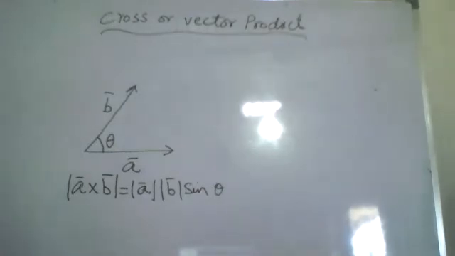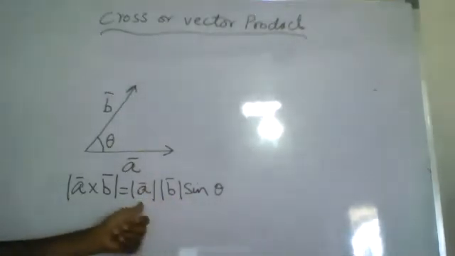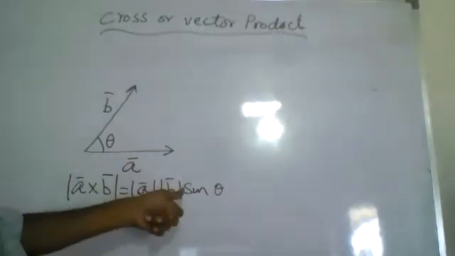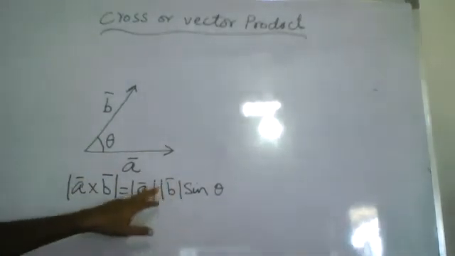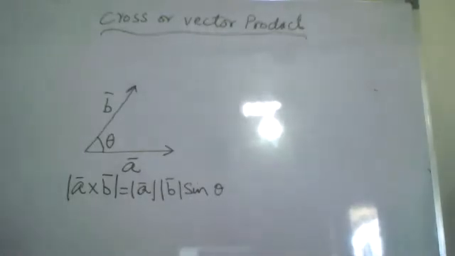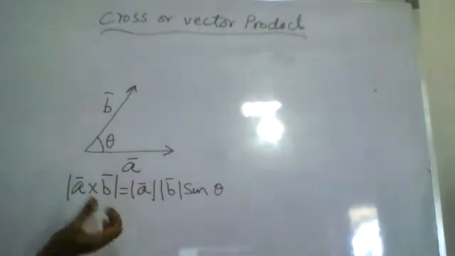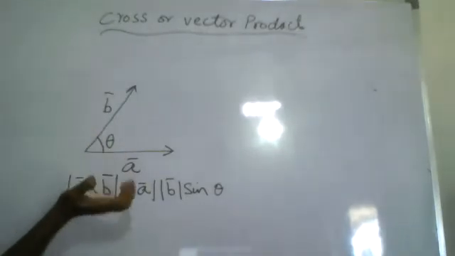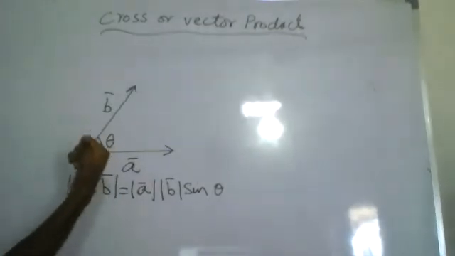This will be the magnitude. But I told you that A cross B will be a vector. We can find the magnitude using this formula: the magnitude of A, the magnitude of B, and the sine of the angle in between them. And the direction will be perpendicular to the vectors A and B. From the right hand rule, if we sweep our fingers from A to B, then the thumb will indicate the direction of the vector.